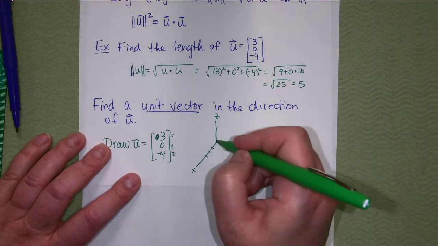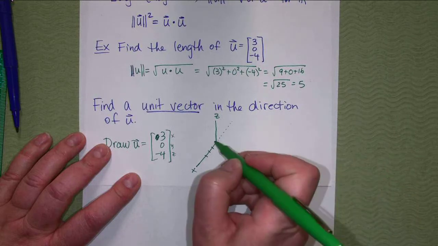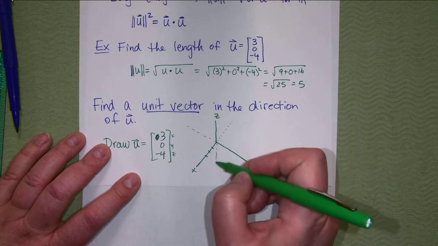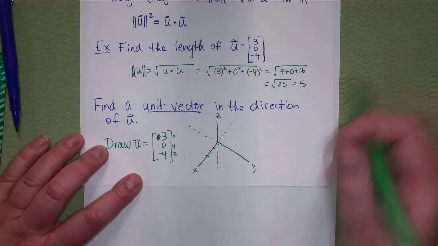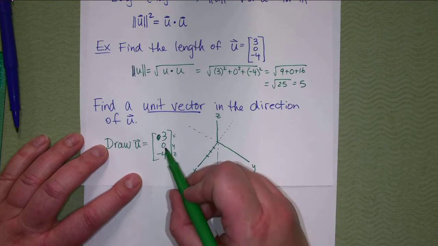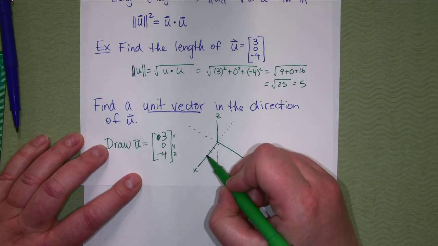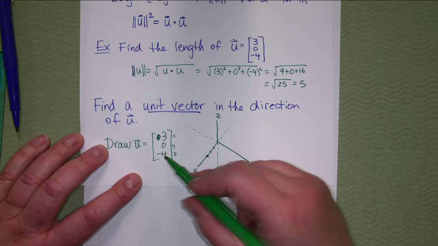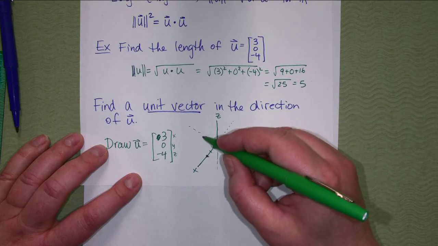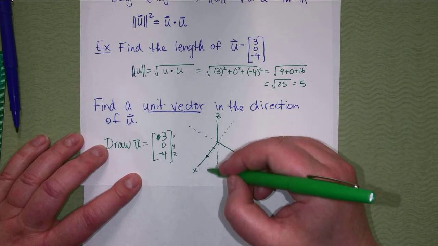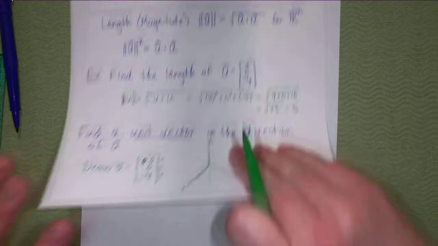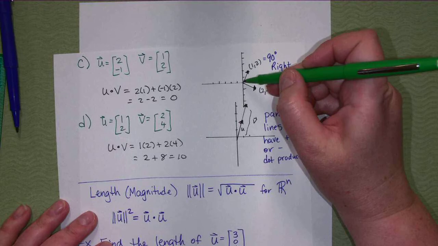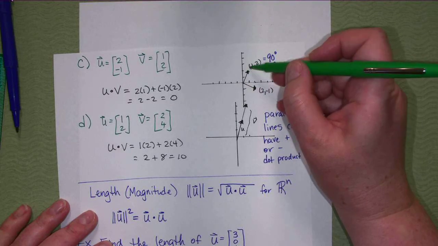This would be the negative X this way, negative Y, negative Z. We don't usually show it because once you get too many lines on there, it starts to look confusing. Okay, so we're going 3 in the X direction. This is saying how many in the Y direction? 0. So we stay here. We don't go anywhere from here. And then this is minus Z. So the positive Z direction is up, and the negative Z direction is down. What you do in normal graphs here is you find like 1 and 2 and then you go in between them.